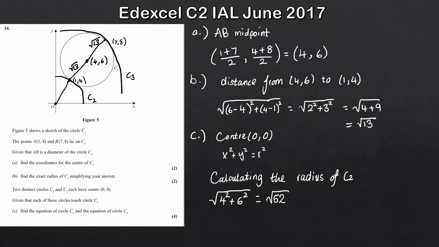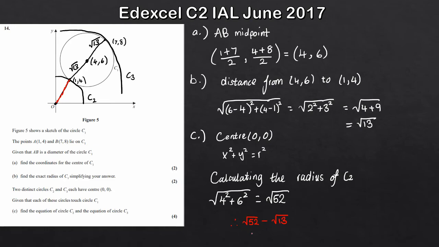Because we know this length here is root 13. So in that case, we're now doing root 52 minus root 13. So at this stage, how would I actually do this? Well, we can use the fact that 52 is a multiple of 13.